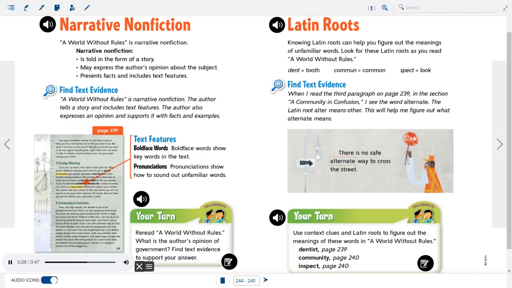The author also expresses an opinion and supports it with facts and examples. Text features. Boldface words show key words in the text. Pronunciations show how to sound out unfamiliar words.